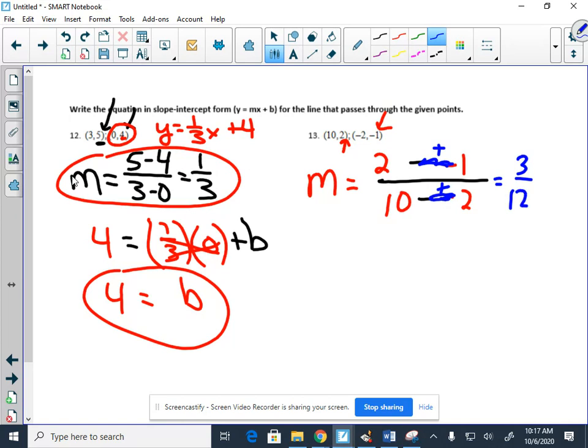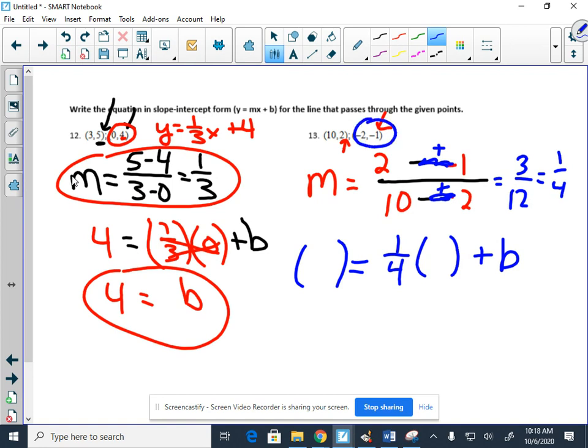If you have to, you take your calculator to reduce it. But if you divide by 3, you get 1 over 4. That's our m. So y equals m times x plus b. We have to put in a y, we have to put in an x. So I'm going to pick the one that has the smaller 2 numbers.